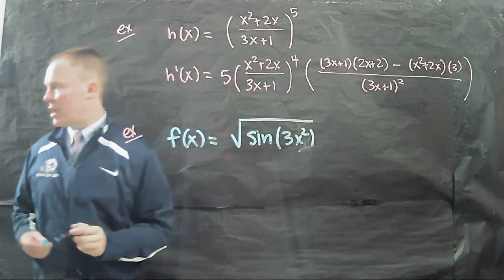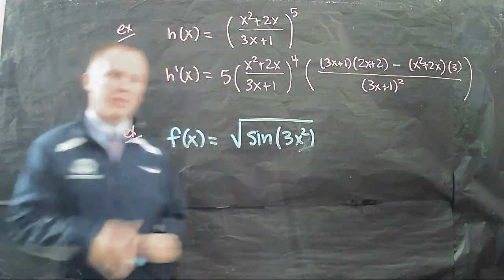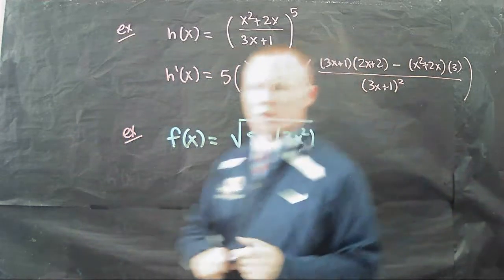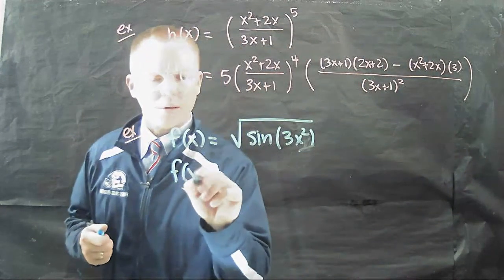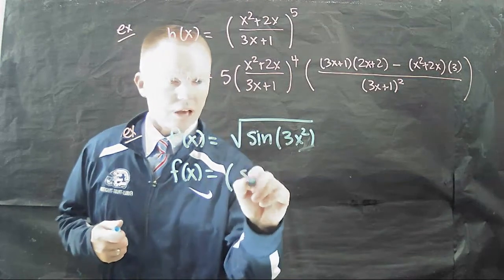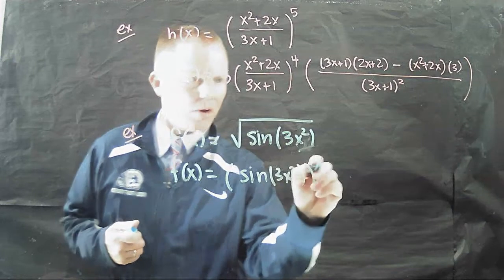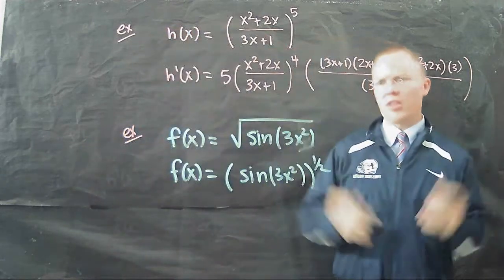Okay, the square root of sine of 3x squared. Let's take the derivative of that baby. What's the first thing we're going to do to this? We all think of this as sine of 3x squared raised to the 1/2 power. We got to think of that first.